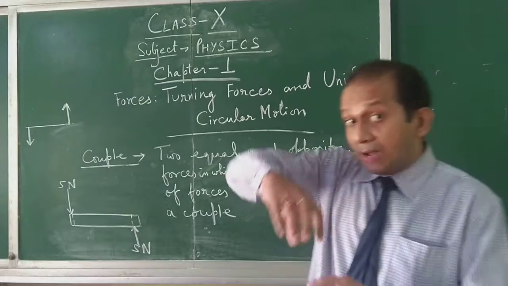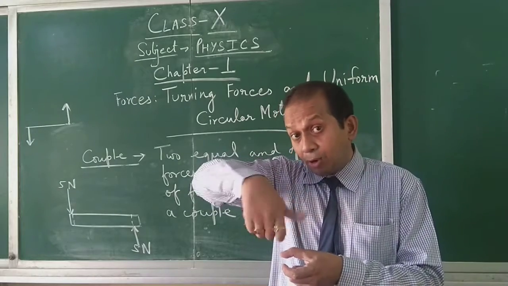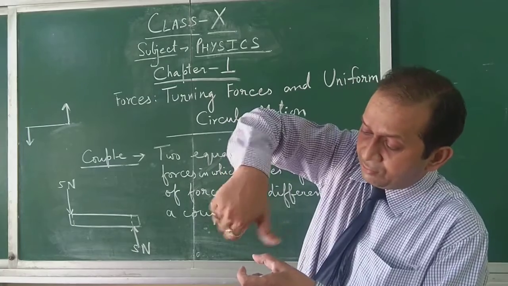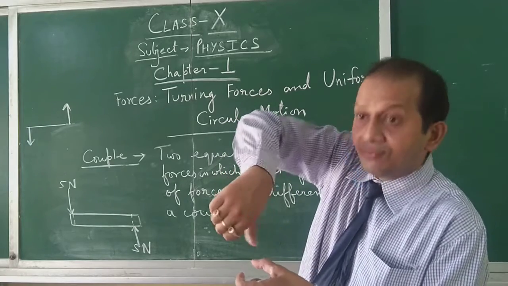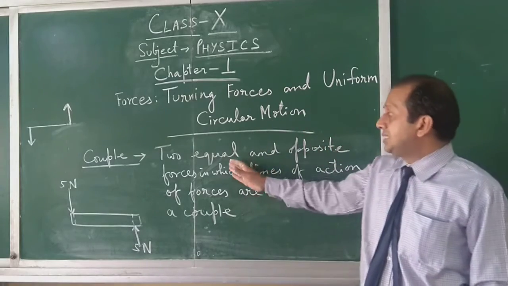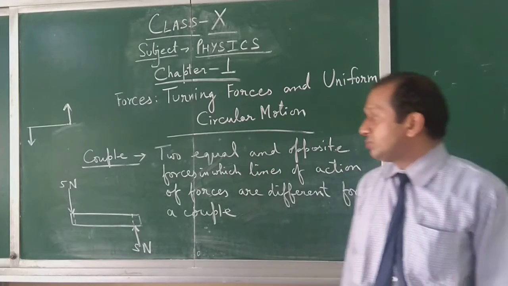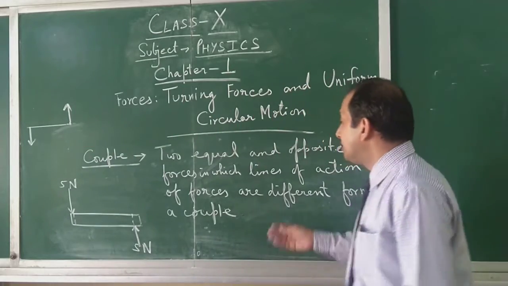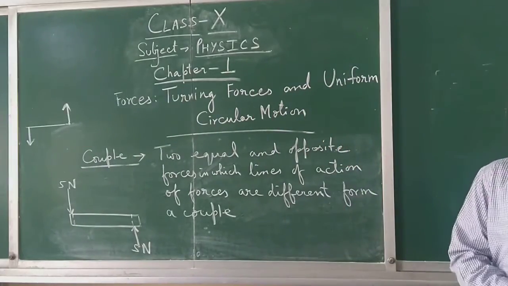Then while we open a bottle, we apply force on one side by one hand, and on the other side by the other hand. Whenever you see two equal and opposite forces with different lines of action, they will form a couple.